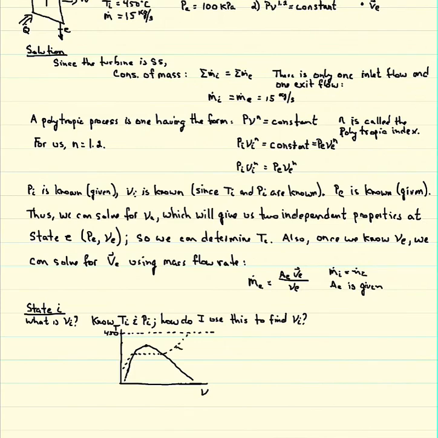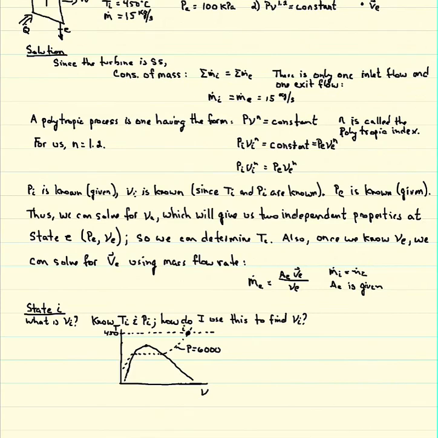So this is a pressure equal to 6,000 kPa. Where temperature of 450 degrees C intersects with a pressure of 6,000 kPa, that is my state I.